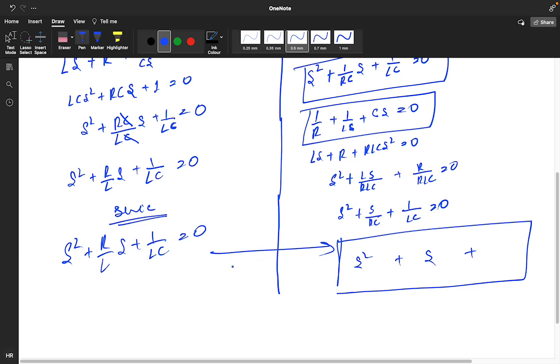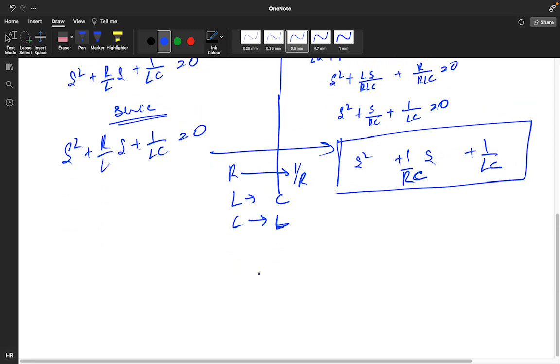When you move from series to parallel, R will become 1 by R, L will become C, and C will become L. So 1 by LC remains from here to here. I was not getting L by C, so I thought I had committed some mistake.